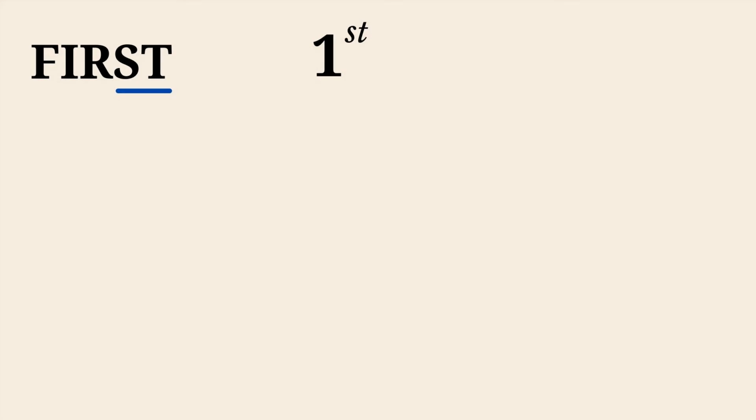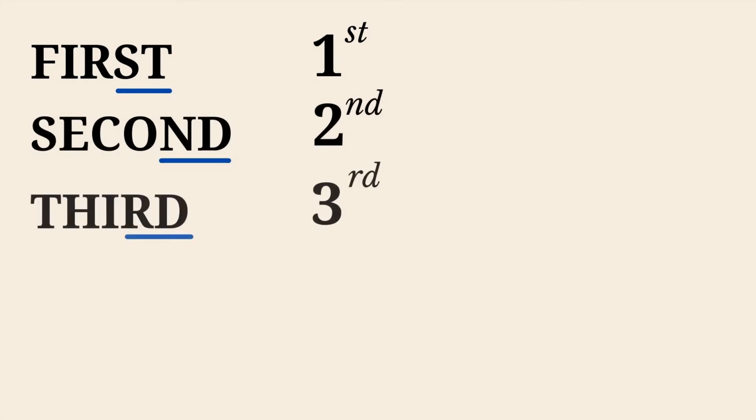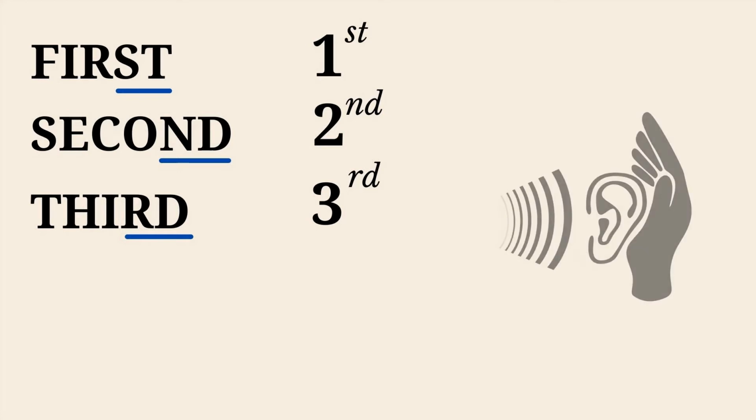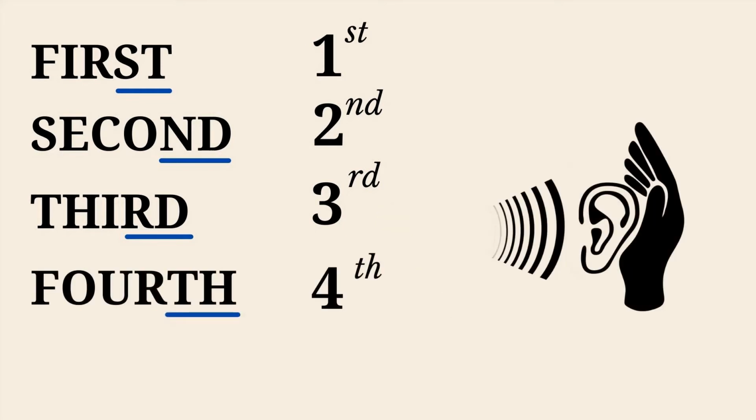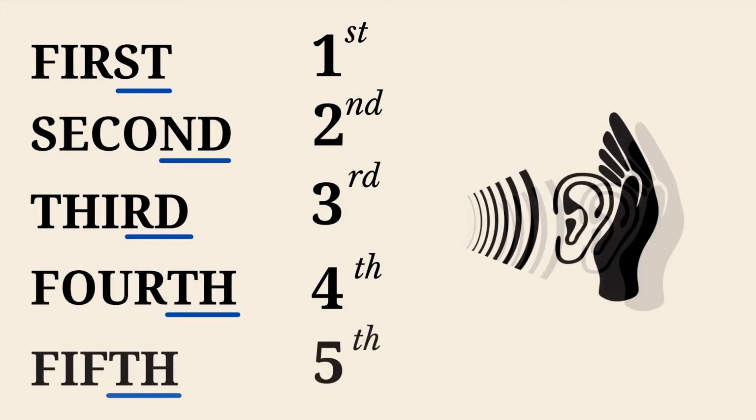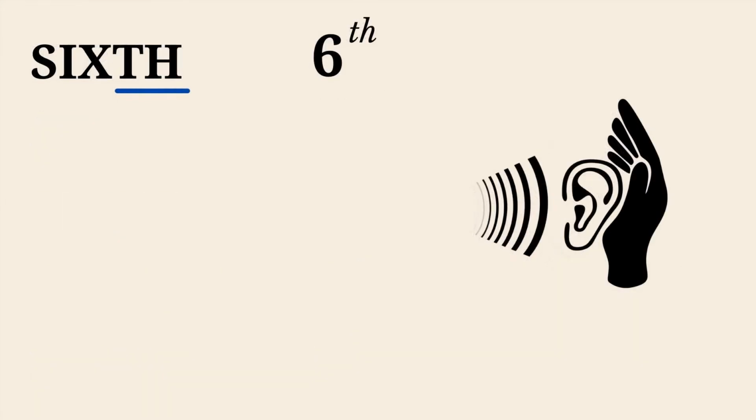First, second, and third. The last two letters of third are RD. The next, fourth, fifth, we write 5 and TH. Sixth and again TH.